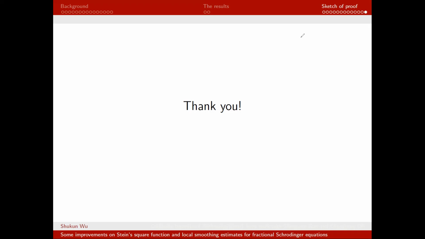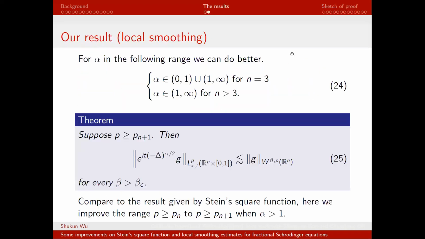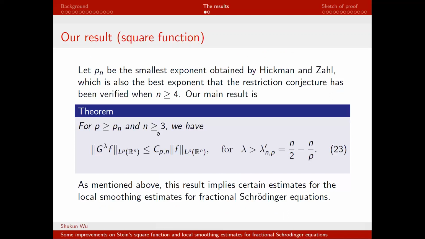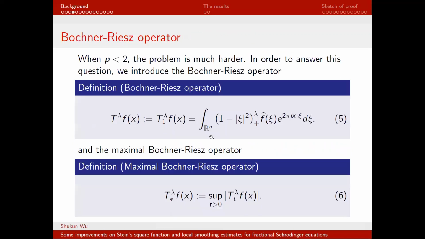I'm talking about the Bochner-Riesz you considered in the beginning, with 1 minus modulus of xi squared divided by t squared.